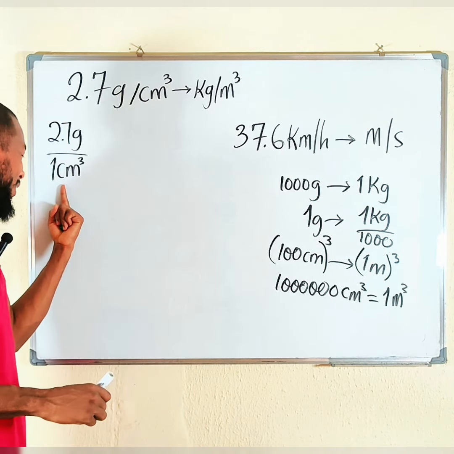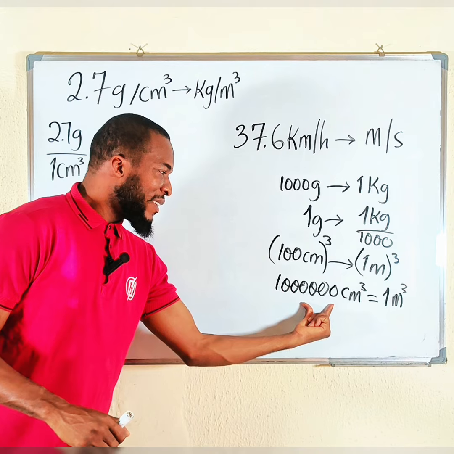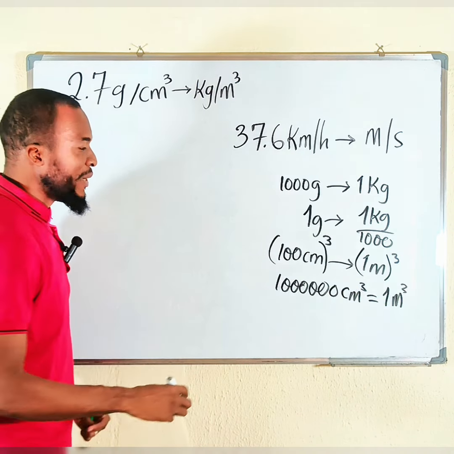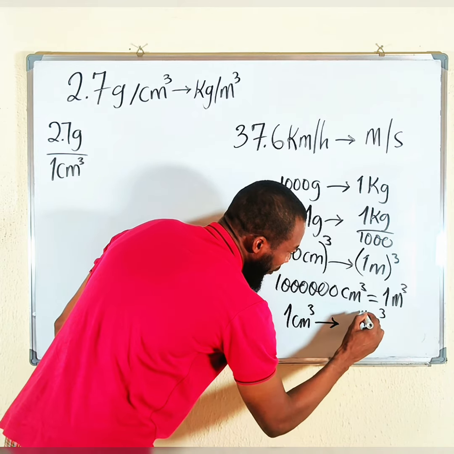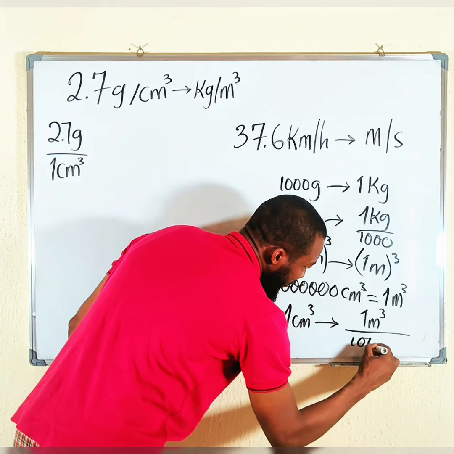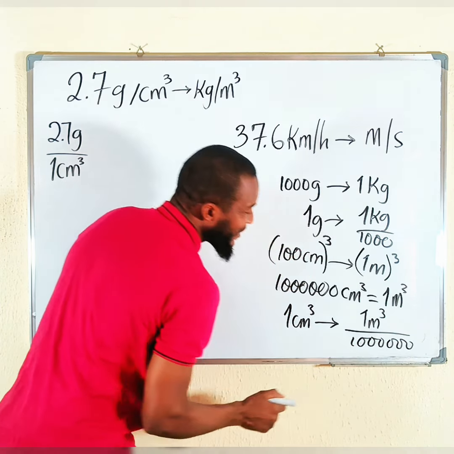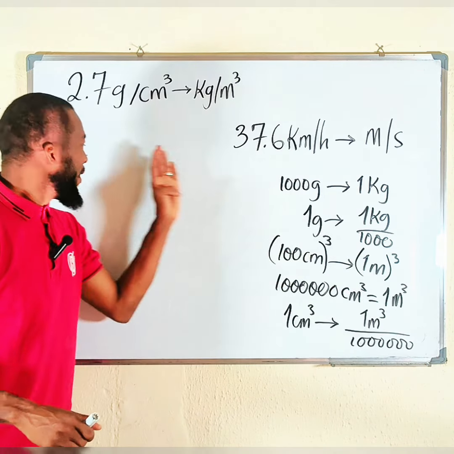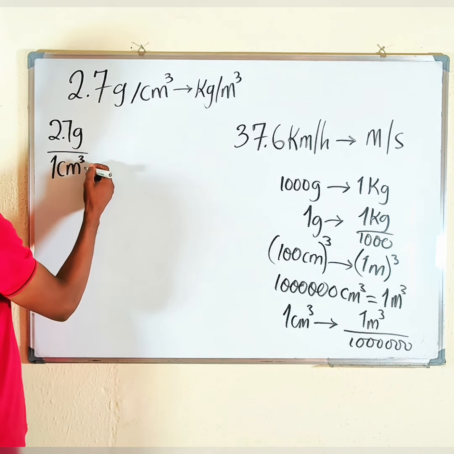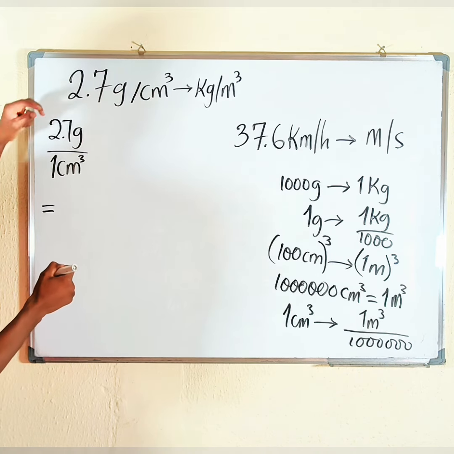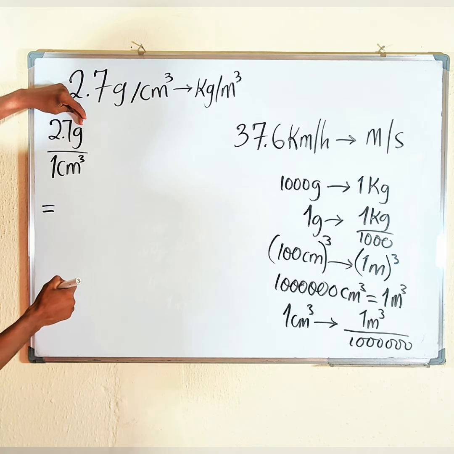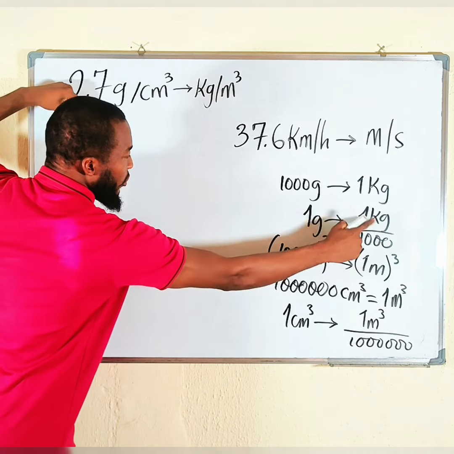And since we have 1 cm here, let's divide every side by 1 million. So it implies that every 1 centimeter cube is equivalent to 1 meter cube divided by 1 million. Yes, exactly. So let's replace what we have here. This is equal to, where I have 1G, I'm going to replace it with that.